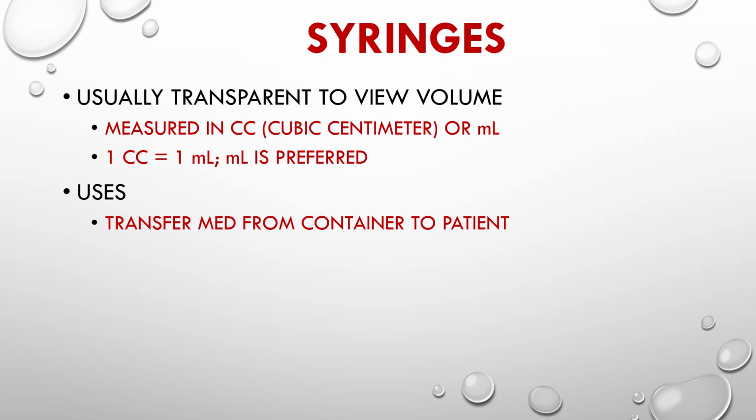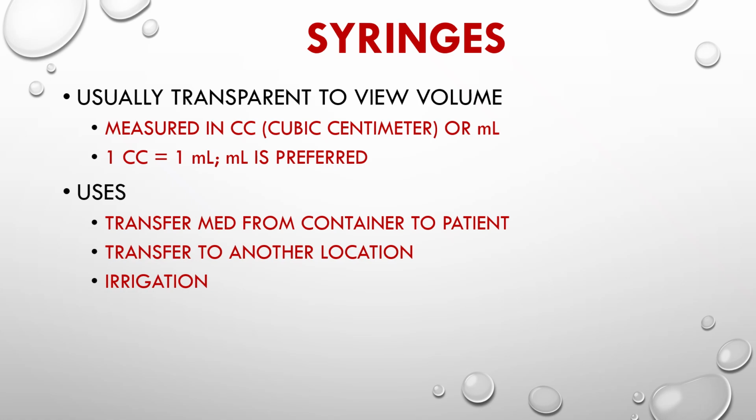This can be used to transfer medicines from the container to the patient, again, like from an ampule or a vial to the patient. Just moving it from one location to another, especially transfer syringes, again, with that filtered tip where we're sucking up the solution from the ampule and then inserting it into something else.